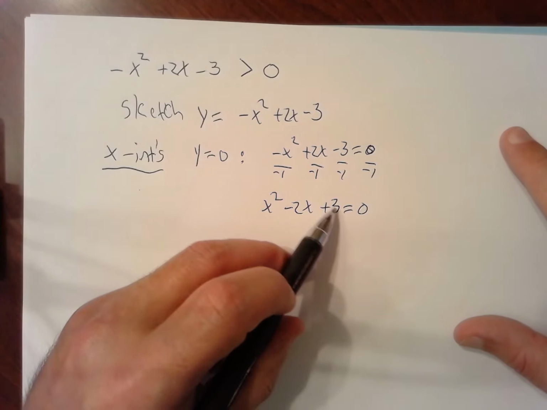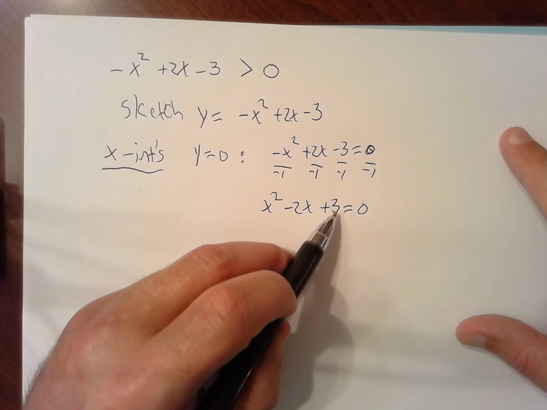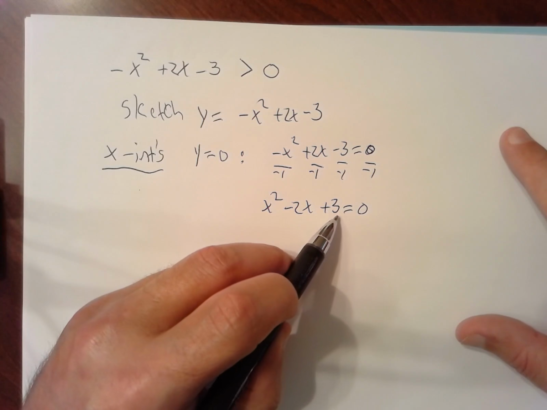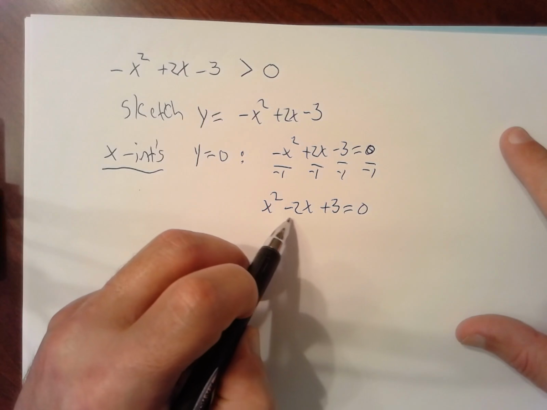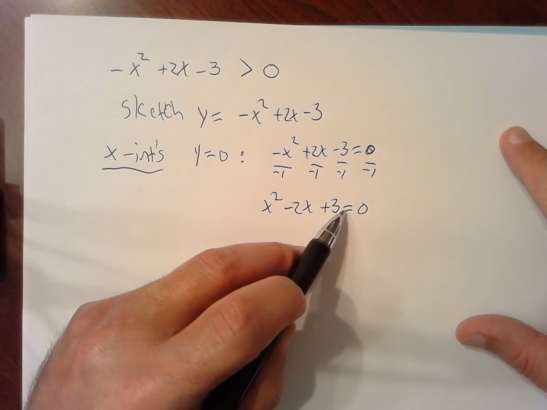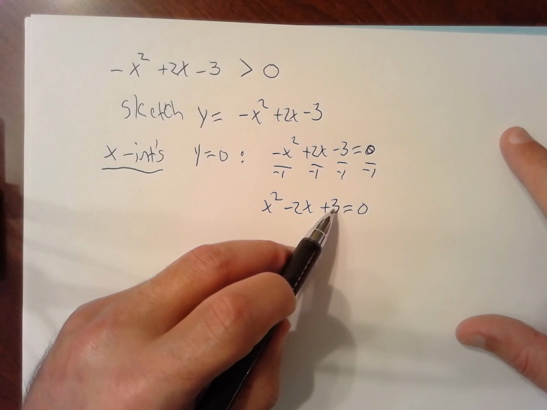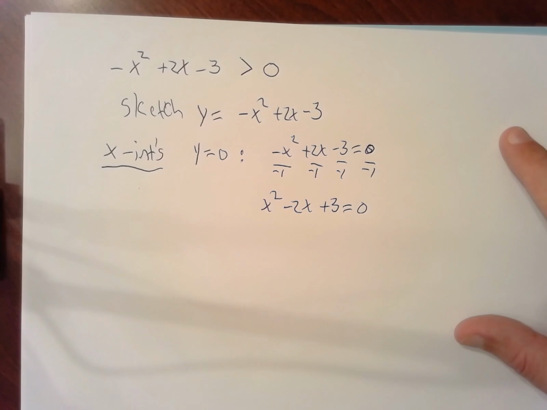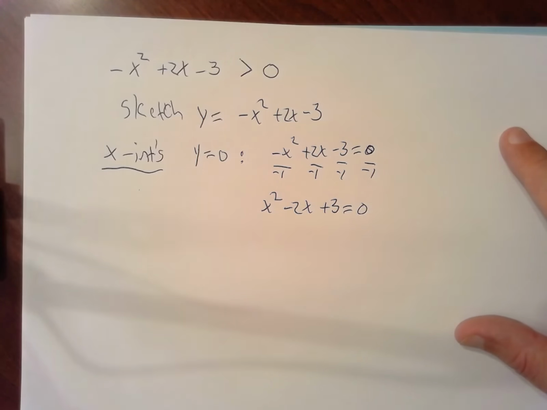Will this factor? Well, we are looking for two numbers that multiply to be 3 and add to be -2. So 1 times 3 would be 3, 1 plus 3 would be 4. No, we're not going to be able to factor this. We would have to use the quadratic formula.